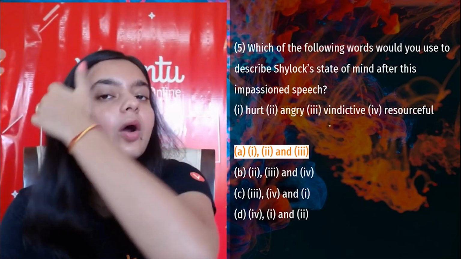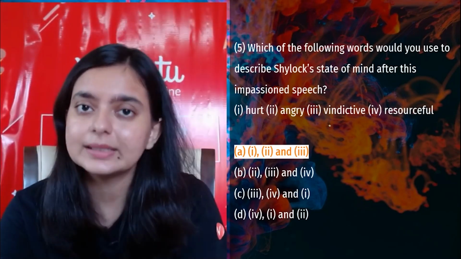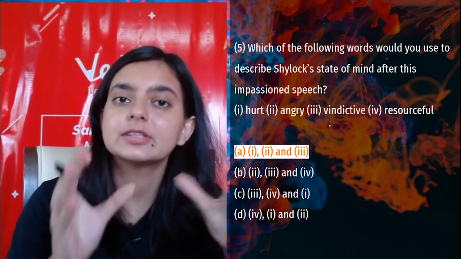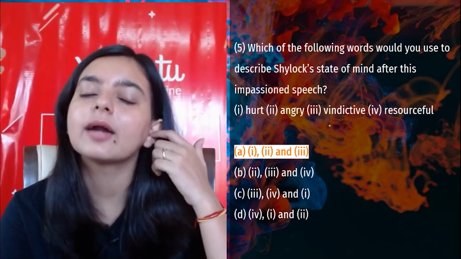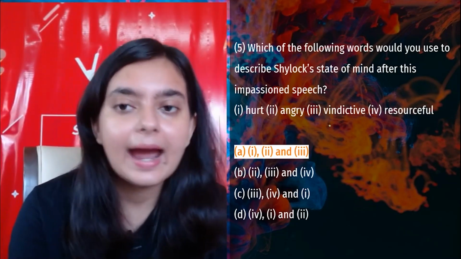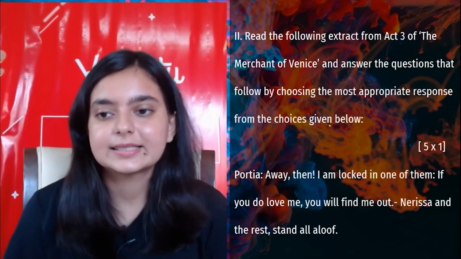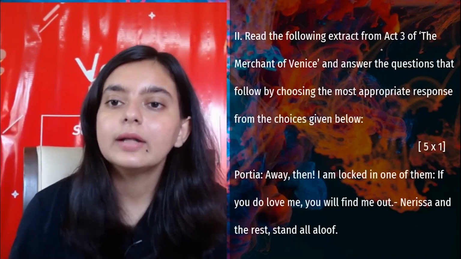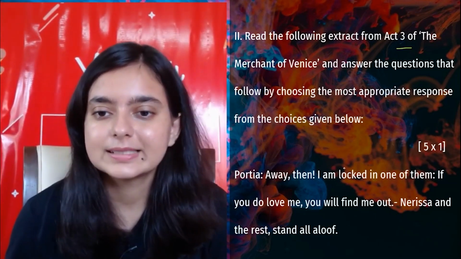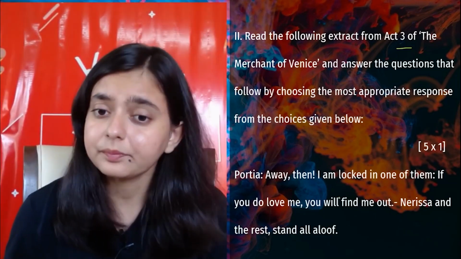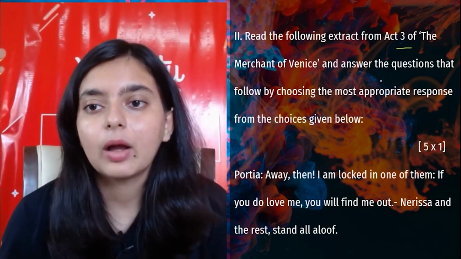I think I had already done these questions from Merchant of Venice when I was dealing with the second and third act. So now again, from the third act, this speech has been given to you.